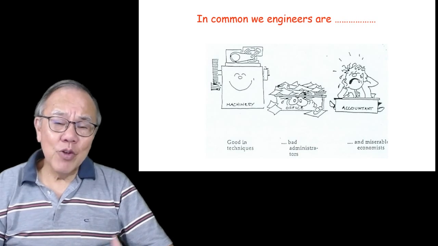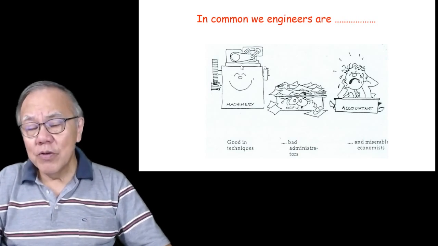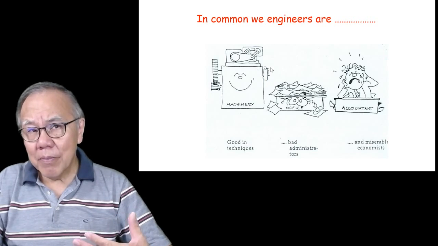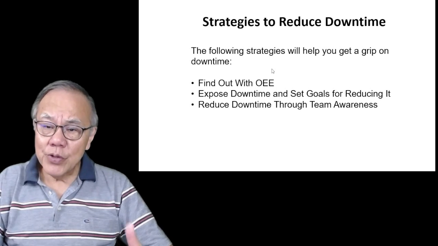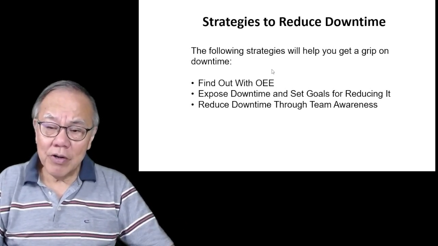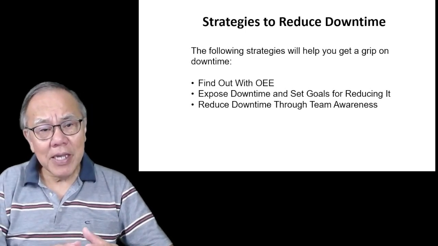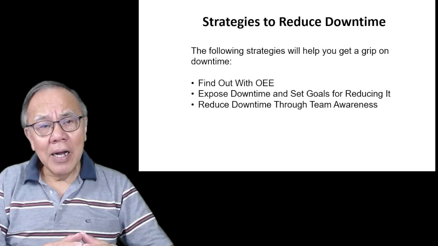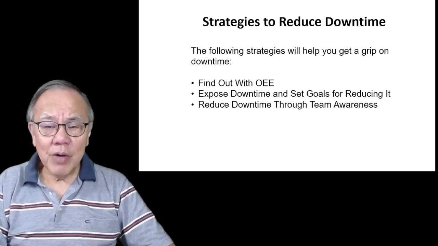Why? Because you don't have proper recording. So in order to make our department profitable, we need to have some strategy to reduce downtime, to improve OEE, which is the overall equipment effectiveness. Expose downtime, I mean, in the sense to make it visual. So that's the reason why we have visual management.